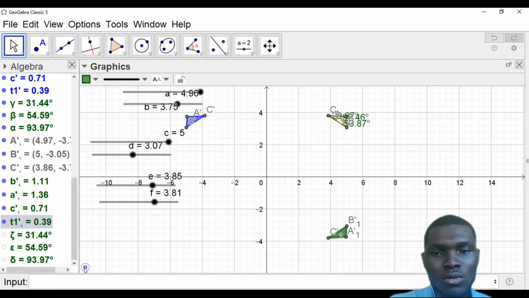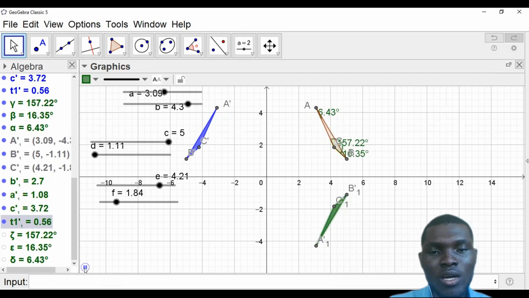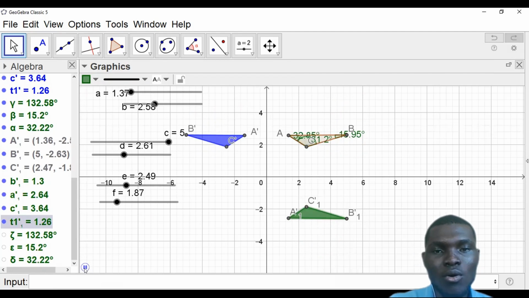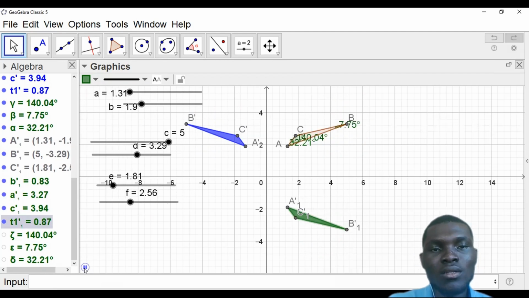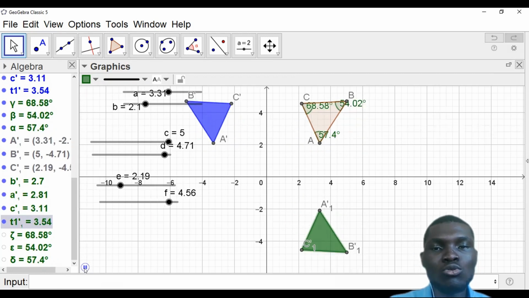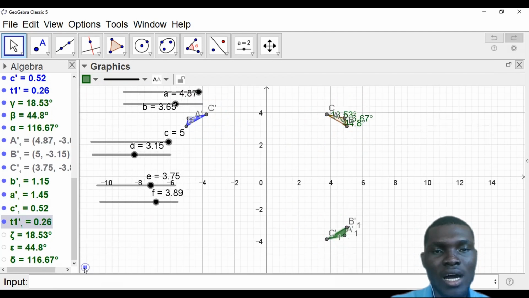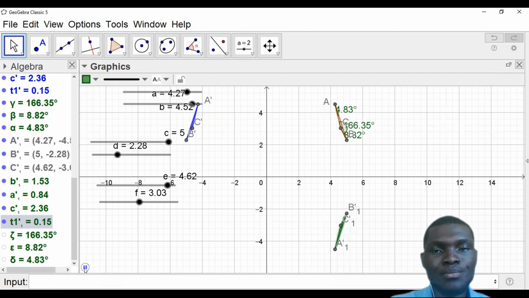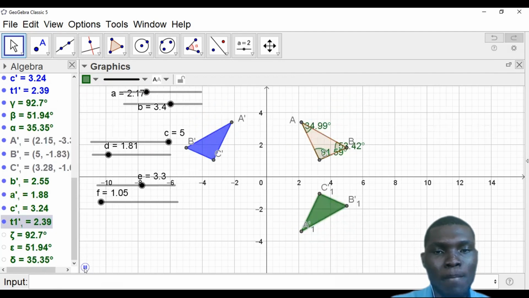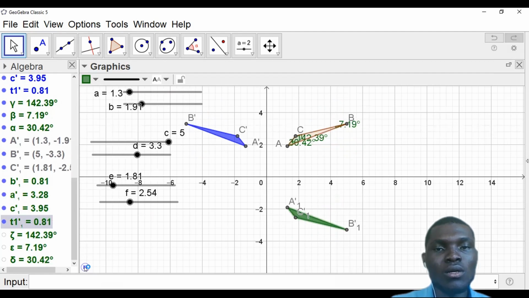A is moving, and A prime is moving with respect to our A, whilst the other 2 points are also doing the same. So this is how to use sliders to construct a triangle, and out of that, you're able to reflect them for you to see how they work.